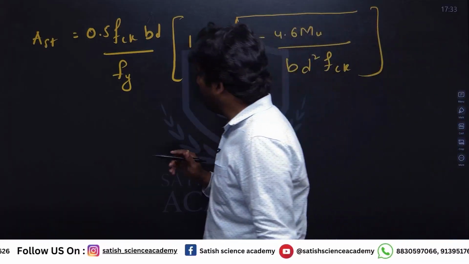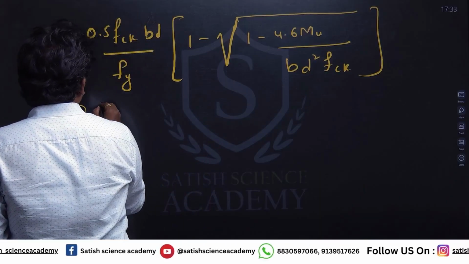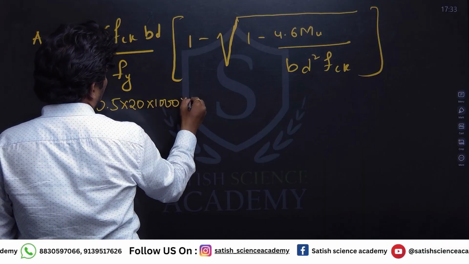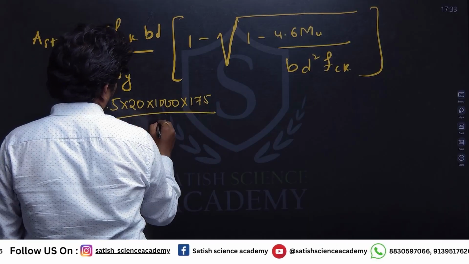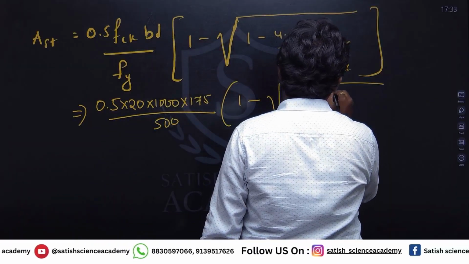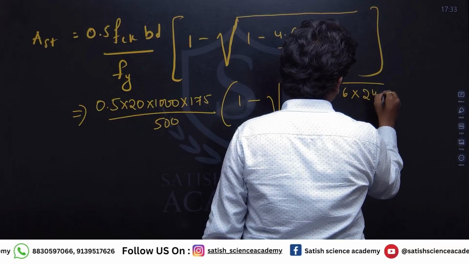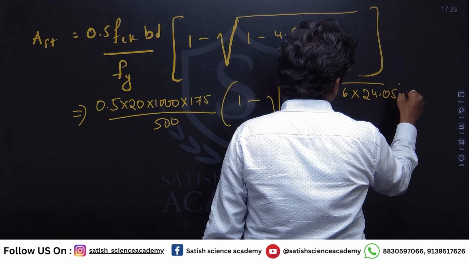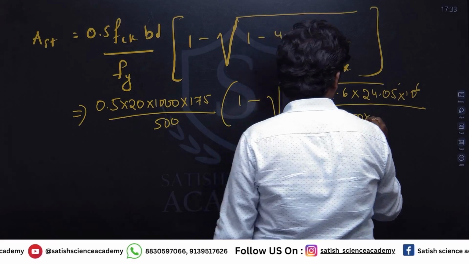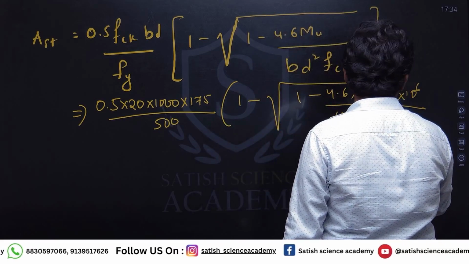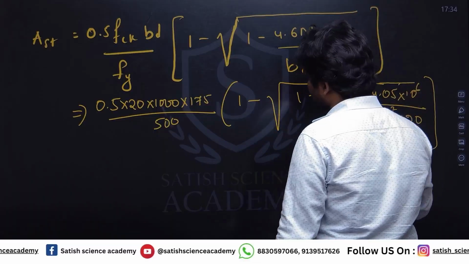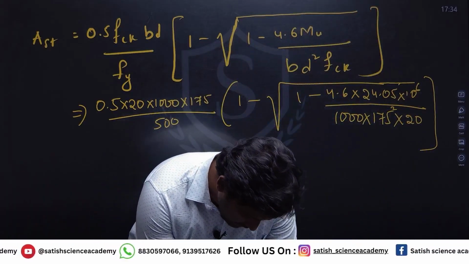So in this equation you have to substitute: 0.5 into fck is 20 into 1000 into d value is 175 divided by fy is 500, whole into 1 minus square root of 1 minus 4.6 into 24.05 into 10 raised to 6 divided by b value is 1000 into d value is 175 square into fck is again 20. Solve this. When you solve, you will get Ast.